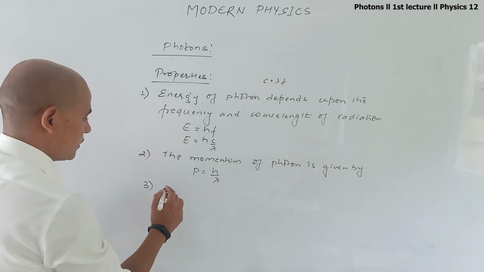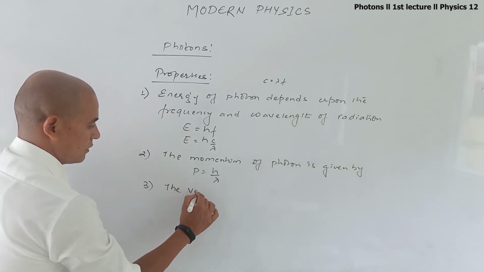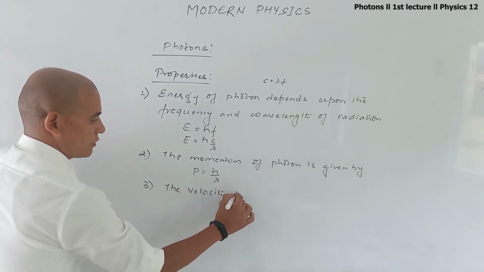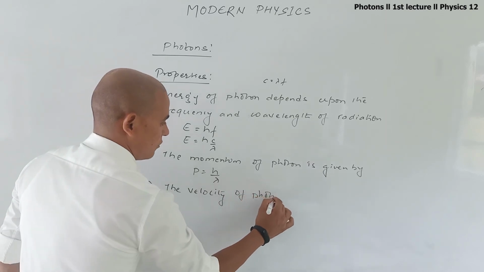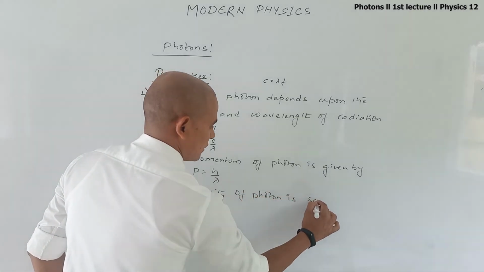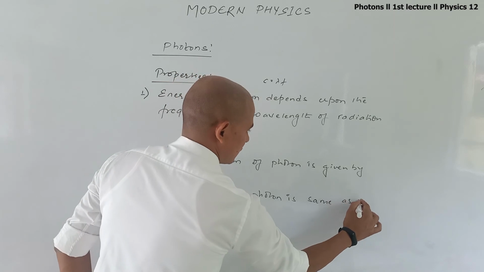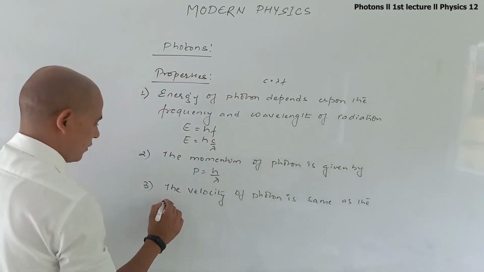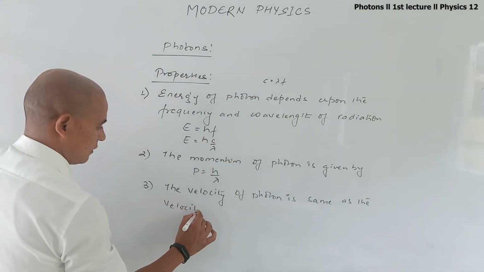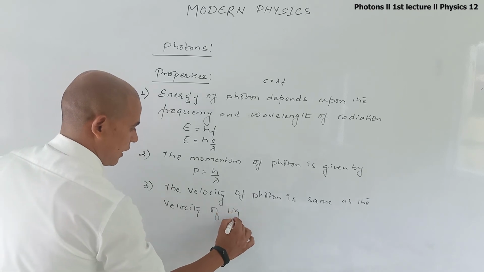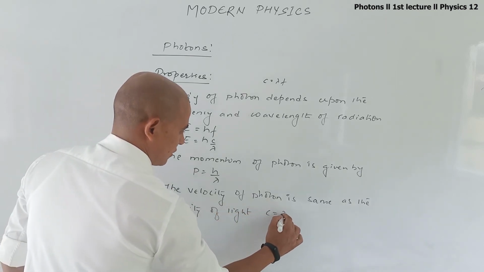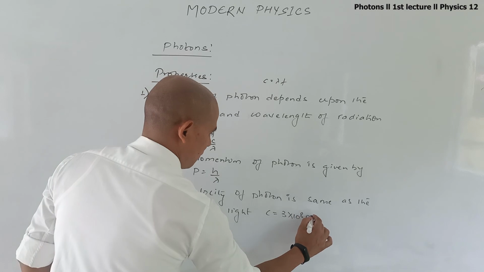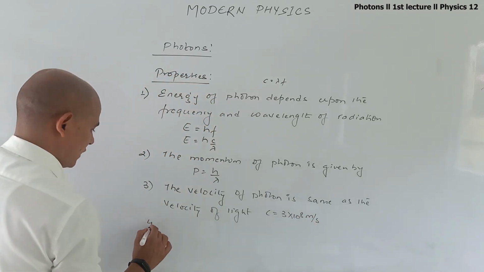Similarly, number 3, the velocity of a photon is the same as the velocity of light, that is c equals 3 into 10 to the power 8 meter per second.